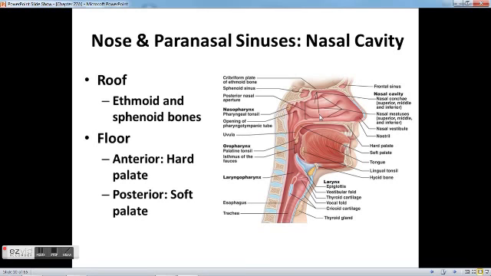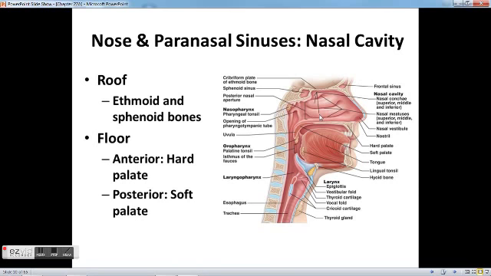Now, the nasal cavity is what's inside the head. So this large open area, air will come in through the nostril. We have a little area there called the nasal vestibule, right where you would stick your finger in your nose. And then we have this large open cavity called the nasal cavity.